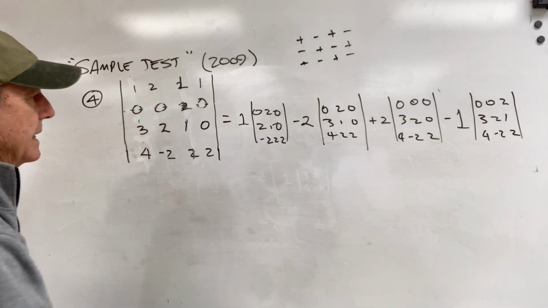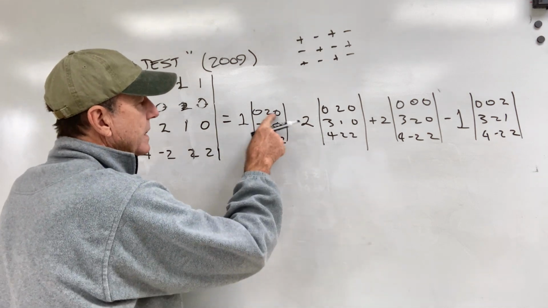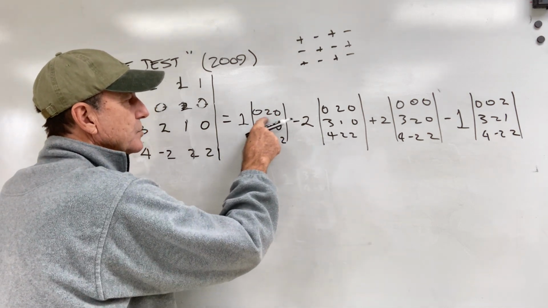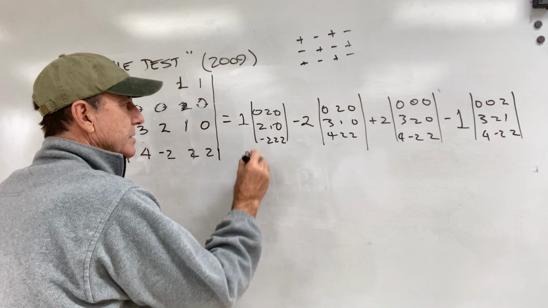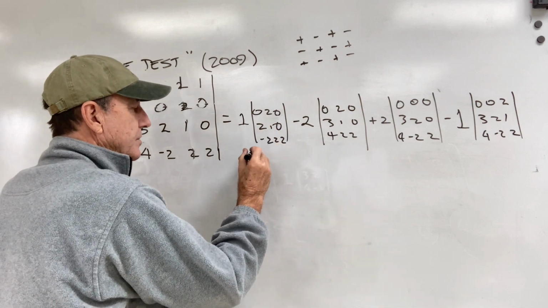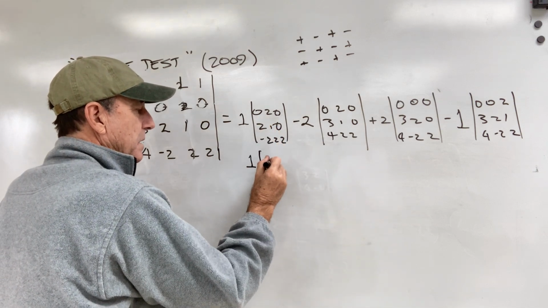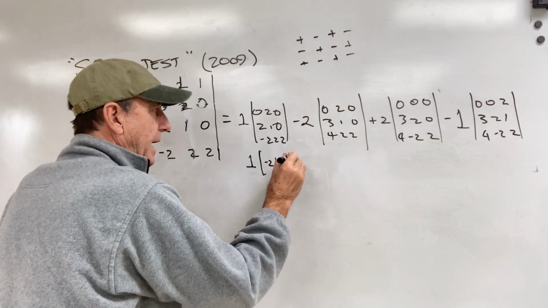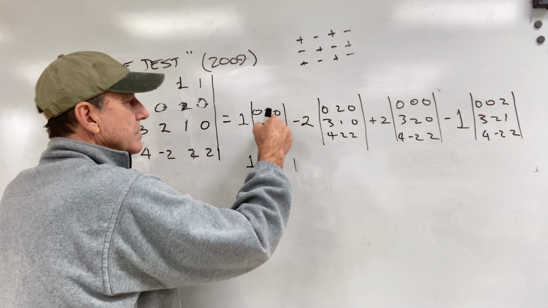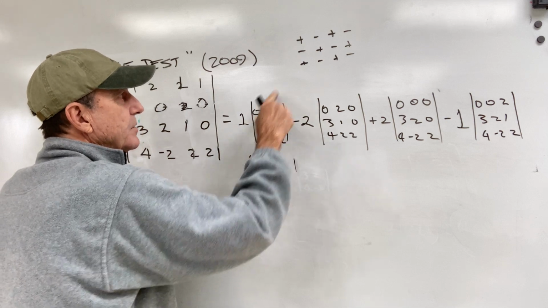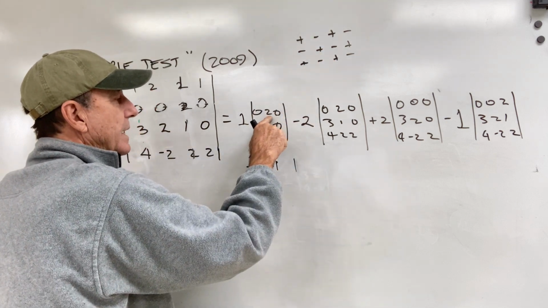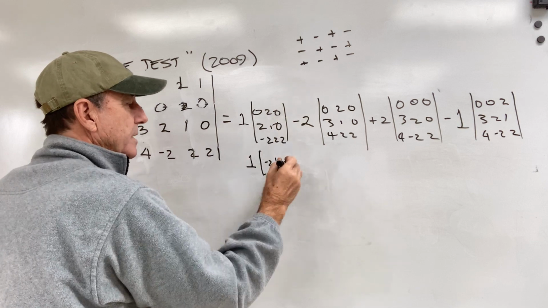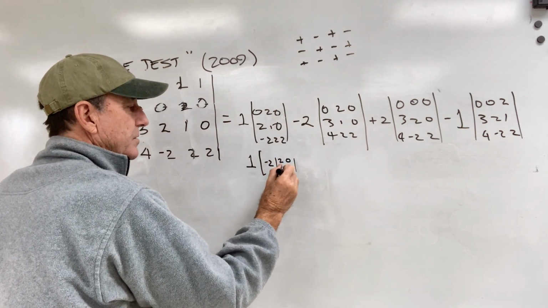Let's see. For this one, I'll just expand about this first row. So this is going to be -2 times its little 2 by 2. So this -2 would come from there, right? -2. And its little 2 by 2 would be 2, 0, -2, 2.